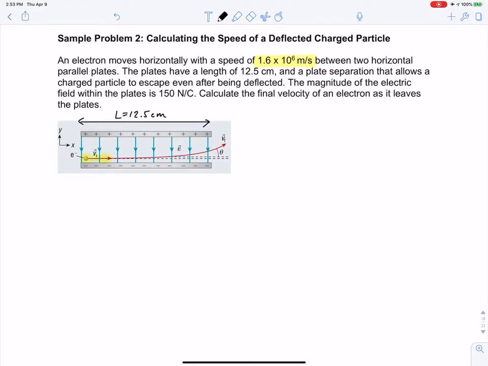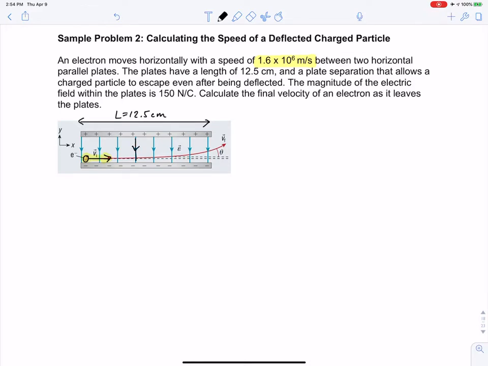So if you imagine, this electron will want to travel in this direction. It's got a horizontal velocity that should have it travel parallel to the direction of the plates. But since there is an electric field, and the electric field shows that it's moving from plus to negative in this direction, that's the direction in which a positive charge would travel.